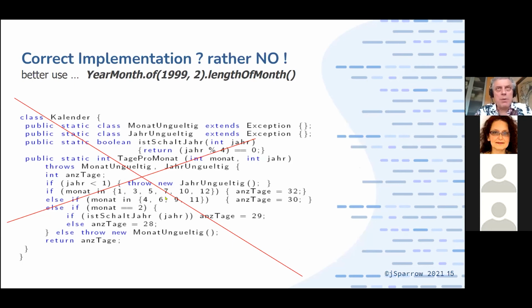So coming back to that correct implementation, I think you made up your mind maybe already. Is it a correct implementation? No, of course not. First of all, because of this 32, which you have found out. And in providing the test cases, you would have found out very easily.